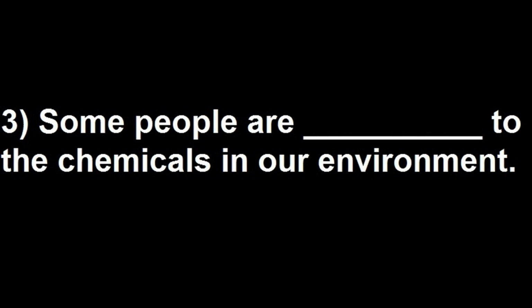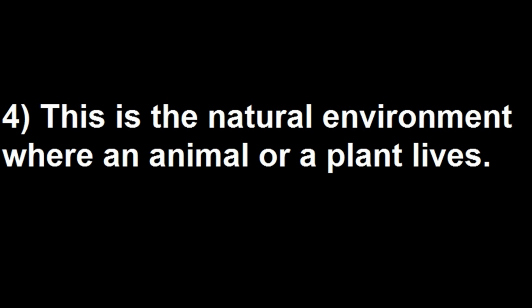Number 3. Some people are allergic to the chemicals in our environment, and we will write allergic in this position. Number 4. This is the natural environment where an animal or a plant lives. The answer to this is habitat.